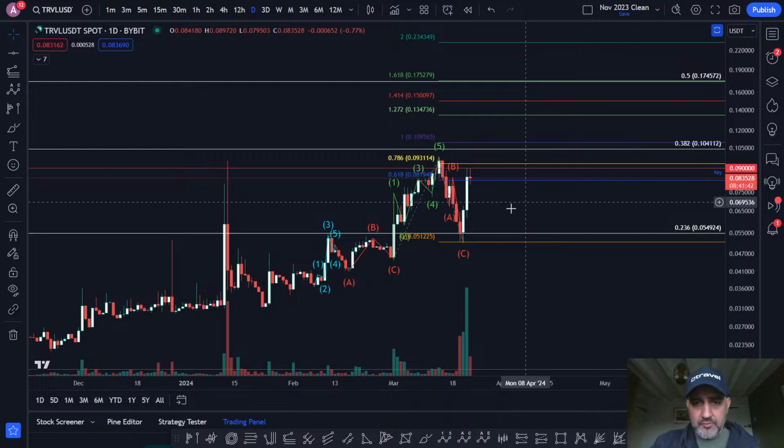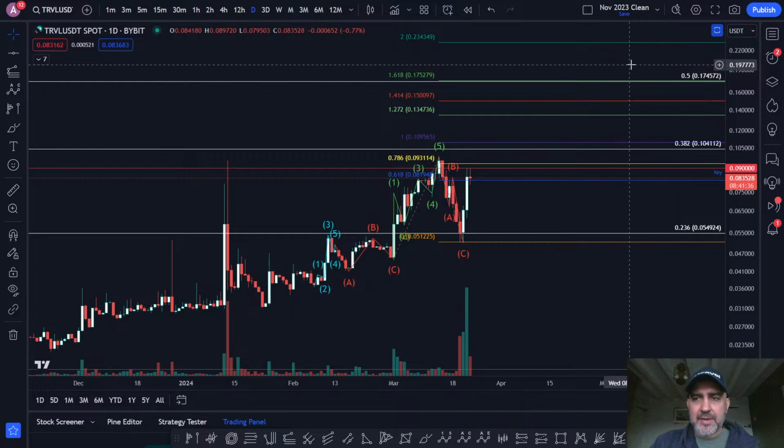Okay, right now I've got the 1.618 corresponding with this 50% mark on the higher time frame, almost to the dollar, or the cent. Almost to the cent.